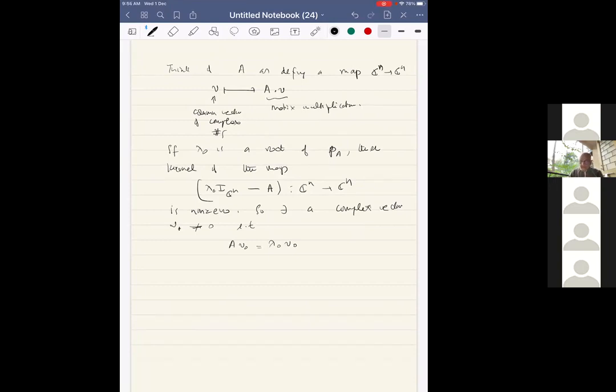So let me write this out. This means the sum over j of A_ij v_j equals lambda 0 v_i. I'm sorry for this 0 business.